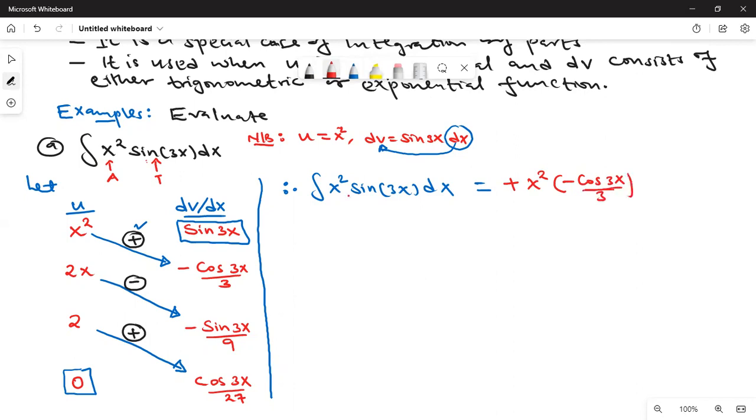That's the first arrow. The second arrow is negative 2x times negative sine 3x over 9. That's the second arrow.